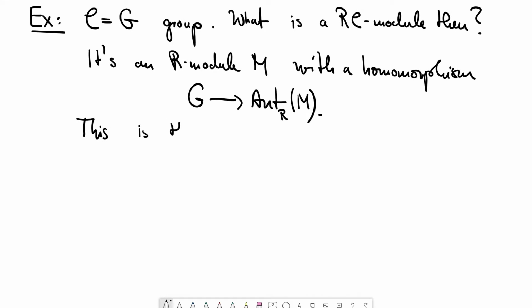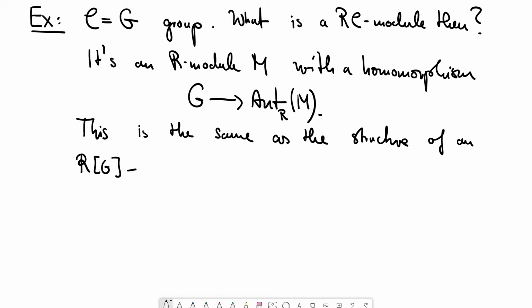This is the same as an RG module structure on M. And this guy here is the group ring.